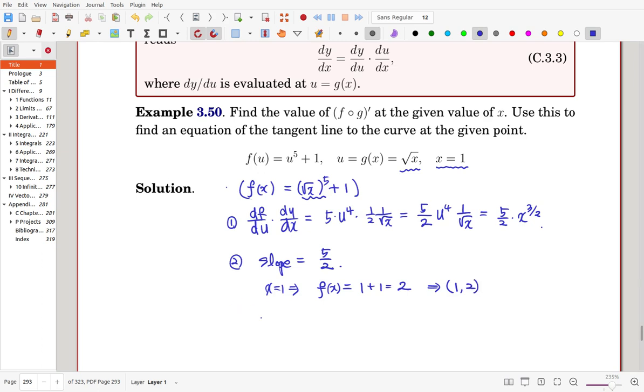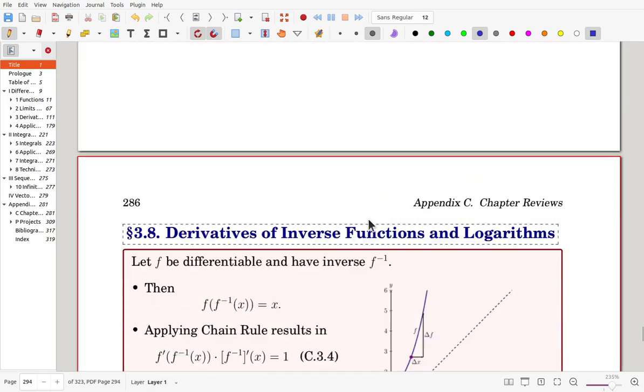At the point, the tangent line can be written this way: y minus y0 equals the slope times x minus x0. Okay, so that is the point-slope formula for the tangent line.